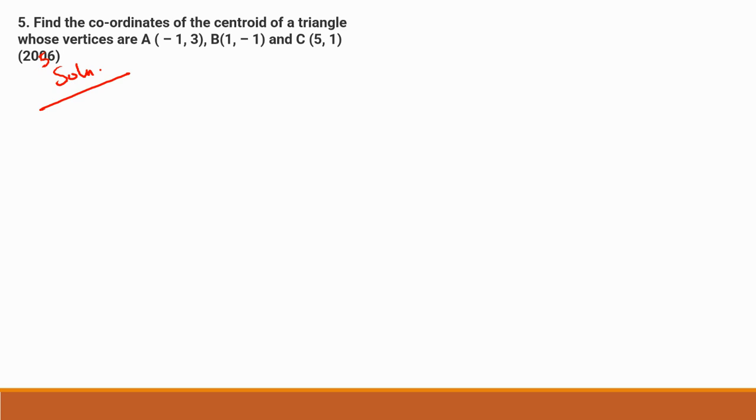This question came in 2006. Find the coordinates of the centroid of a triangle whose three vertices are given: (5, 1), (1, minus 1), and (minus 1, 3). So what will be the centroid of the triangle?